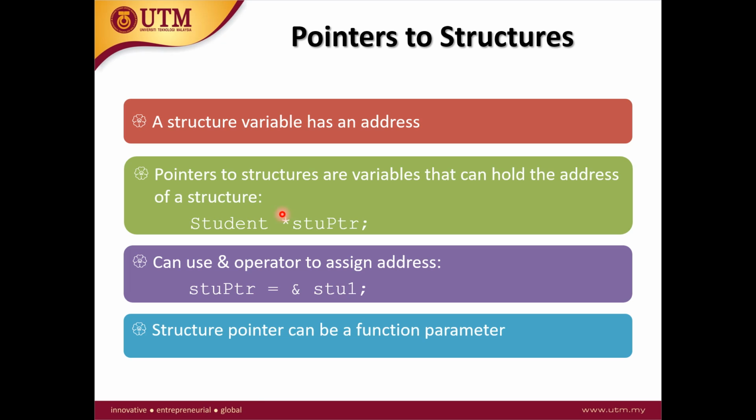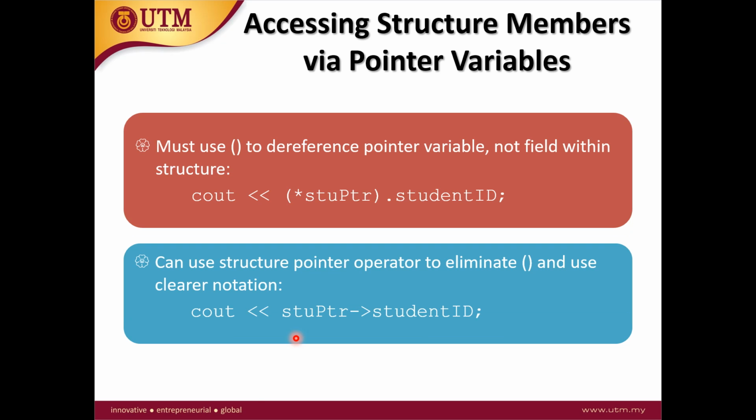So in this case, we are accessing the address of the structure variable, and we can use the & operator to assign an address. Here we can assign this address to this pointer variable, and we can even use them as a function parameter. We can see it in the next slides.